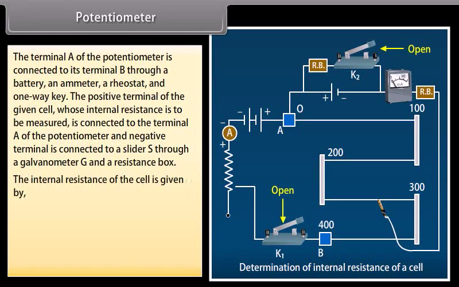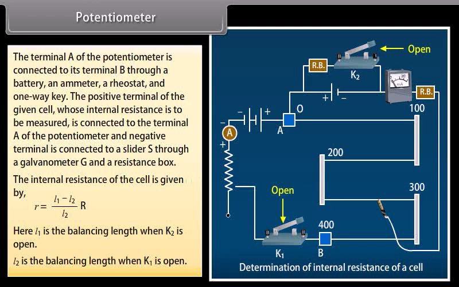The internal resistance of the cell is given by r equal to (L1 minus L2) upon L2 multiplied by R. Here, L1 is the balancing length when K2 is open. L2 is the balancing length when K1 is open.